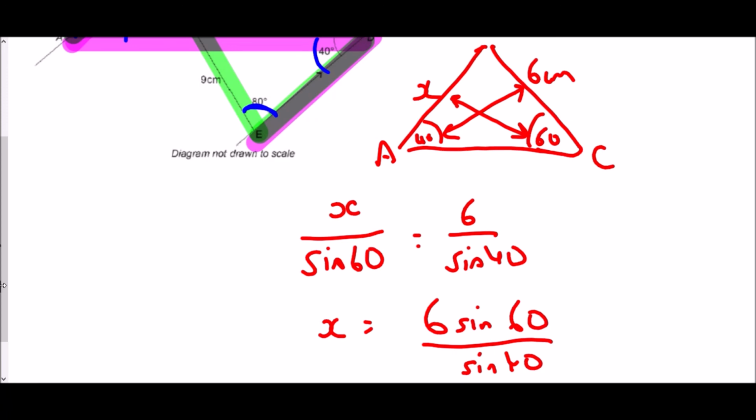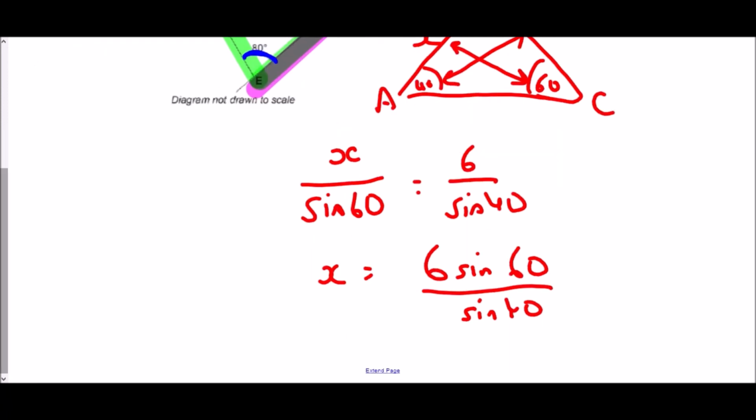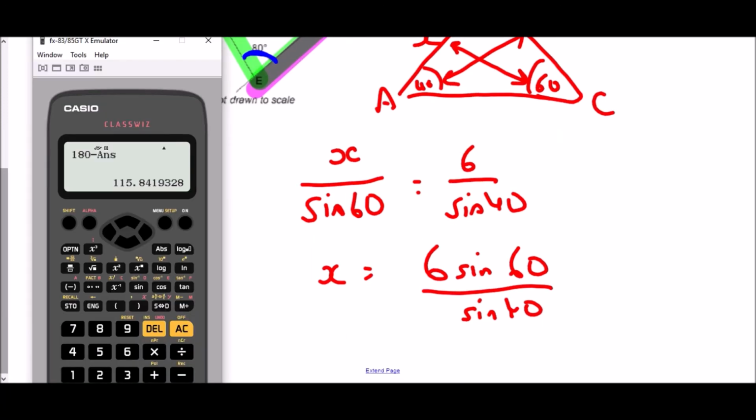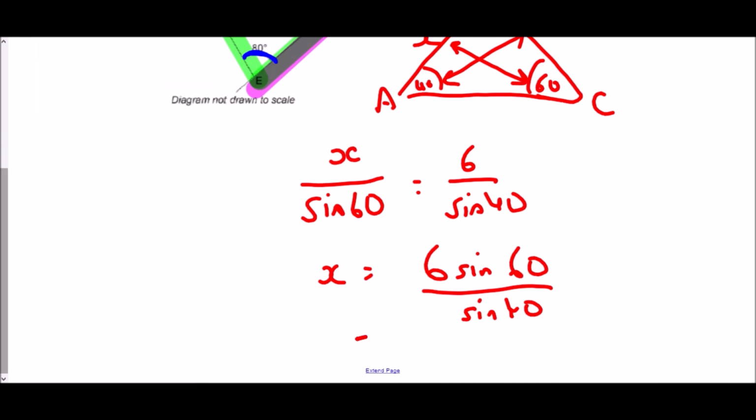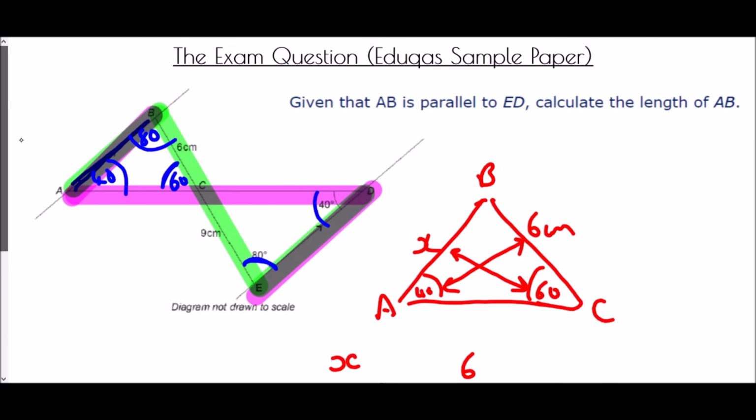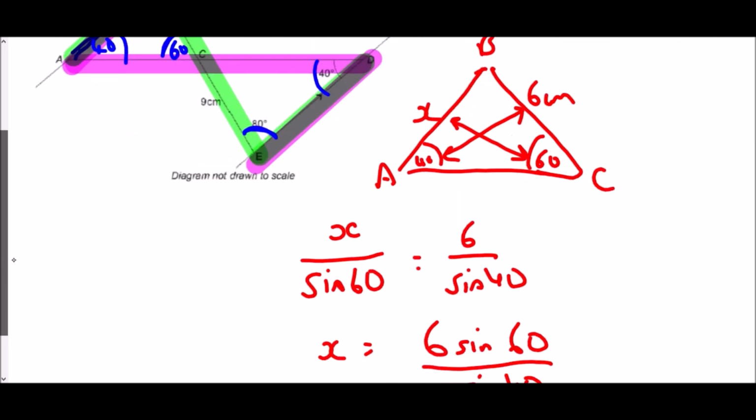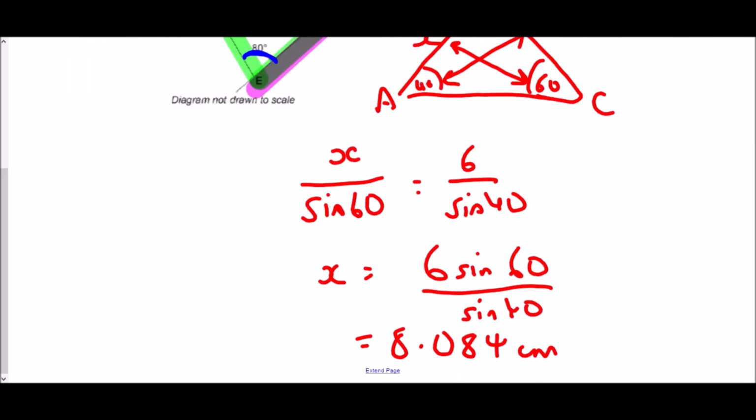And so all we're going to do is type that straight into the calculator and see if we can get our answer. 6 sine 60 all over sine 40 equals 8.084. Were we asked for any particular level of accuracy? No, we weren't. And so 8.084 would be absolutely fine.